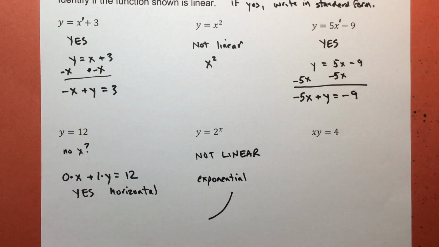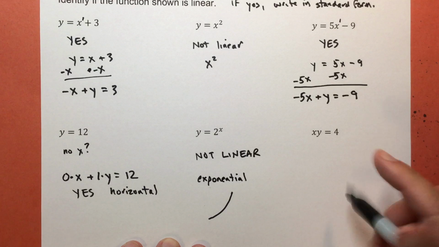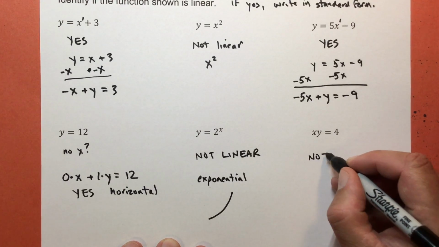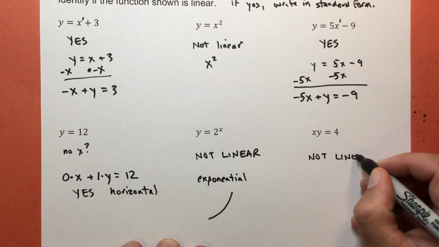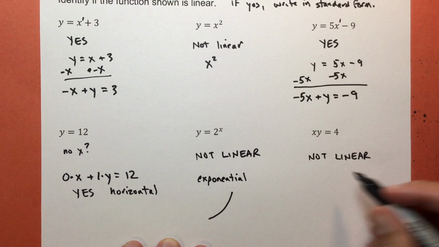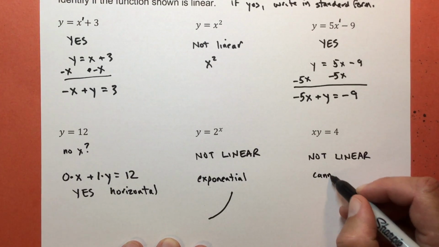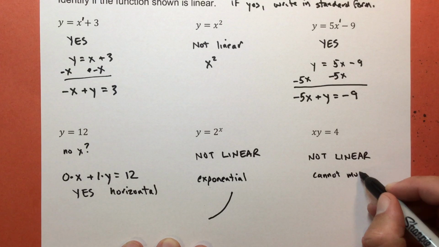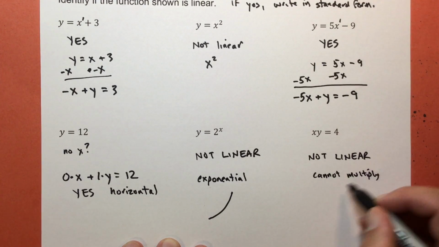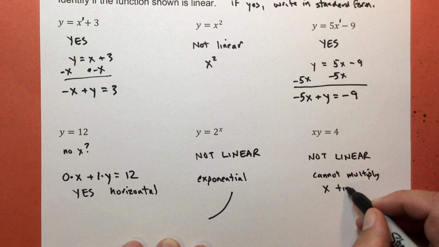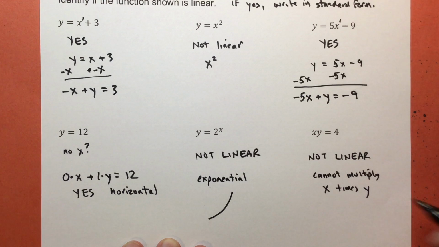All right. Same thing with this one. This is not linear because you cannot multiply x times y. I mean, you can, but if you do it, it's not linear.